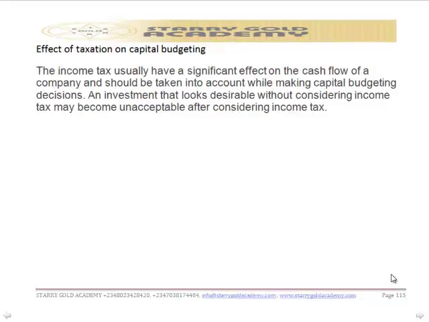Honorable students, let's look at what we mean by the effect of taxation on capital budgeting. We want to know what effect income tax has on capital budgeting. How do we treat it? Income tax usually has a significant effect on the cash flow of a company and should not be taken with levity.